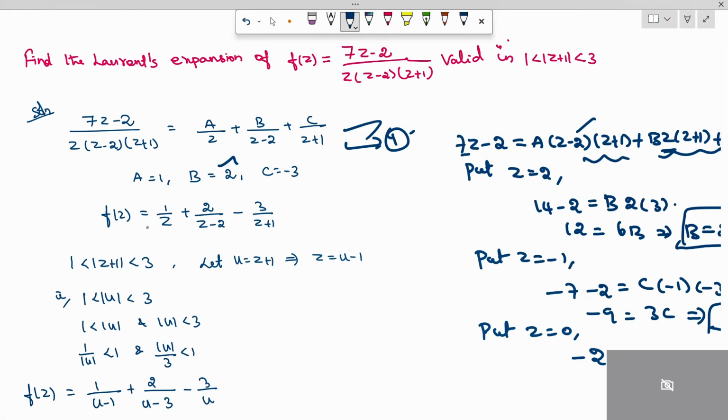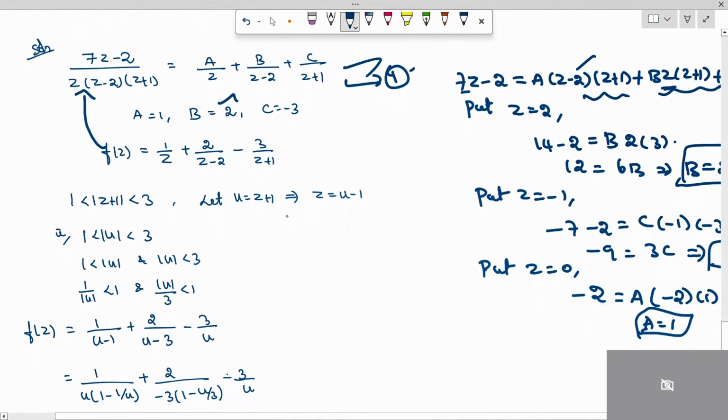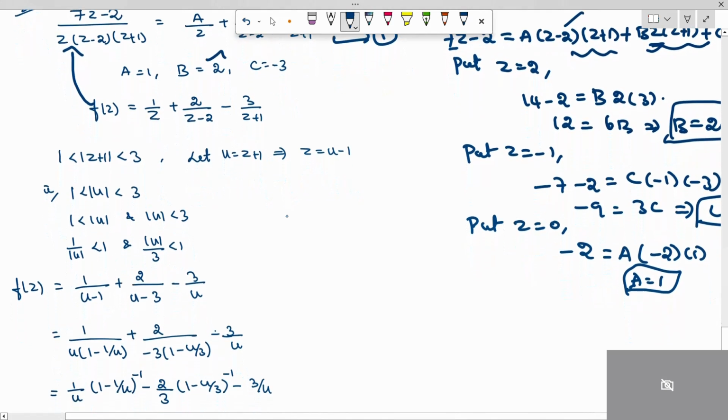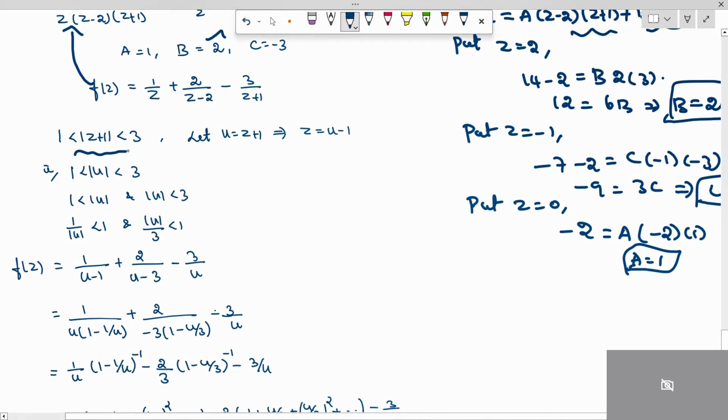f of z is nothing but the given function. A is 1, so 1 by z; B is 2, so 2 by z minus 2; C is minus 3, so minus 3 by z plus 1. The given region is 1 less than modulus of z plus 1 less than 3. If we have modulus of z, we can easily solve the problem with the help of the binomial expansion formula.